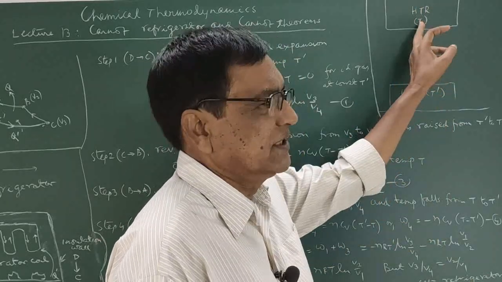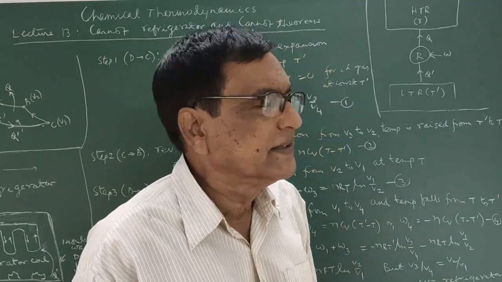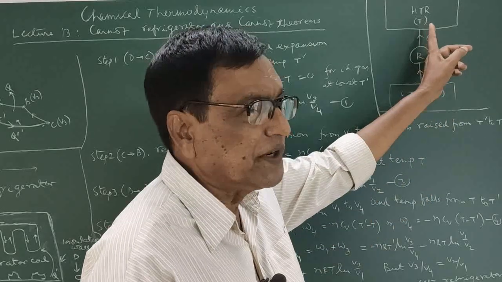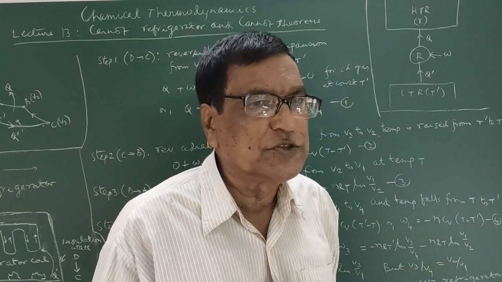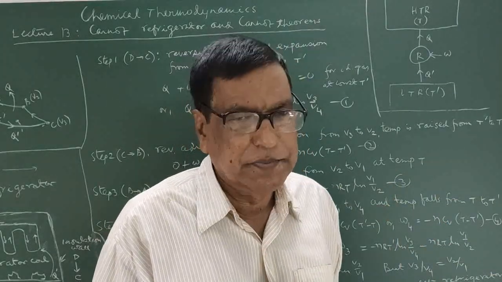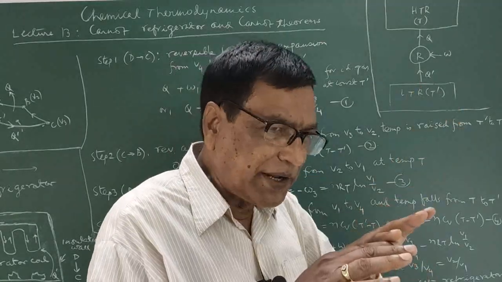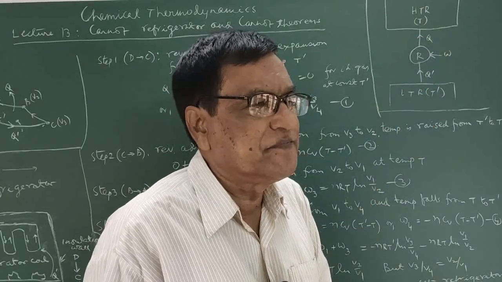Naturally, this process is not spontaneous. The reverse process is spontaneous. Heat will flow automatically from high temperature to lower temperature, but according to the Clausius statement, or in our direct experience, heat will never pass by itself from lower temperature to high temperature.